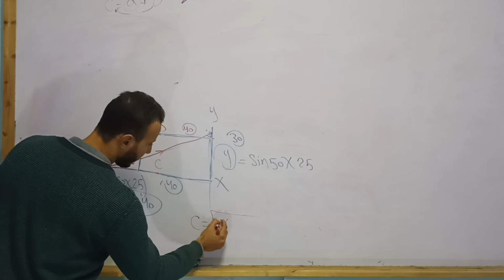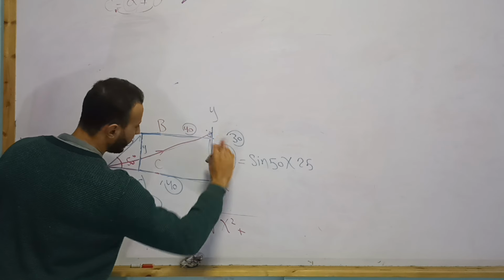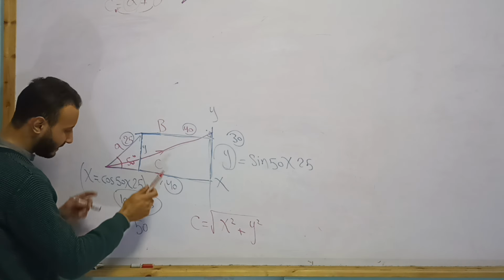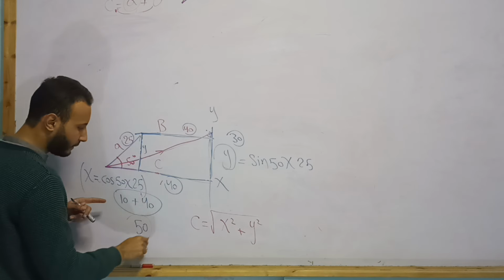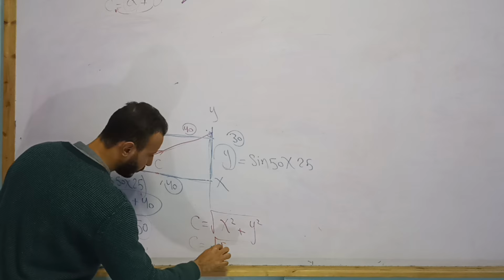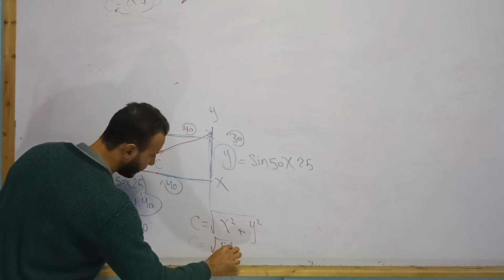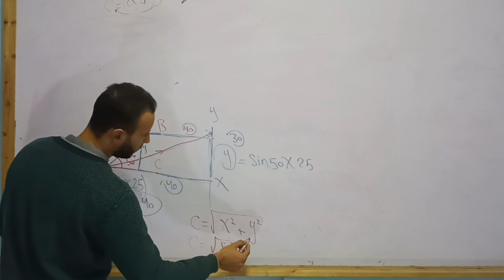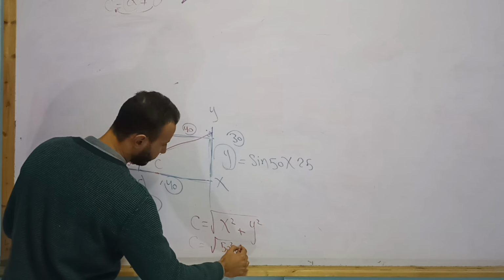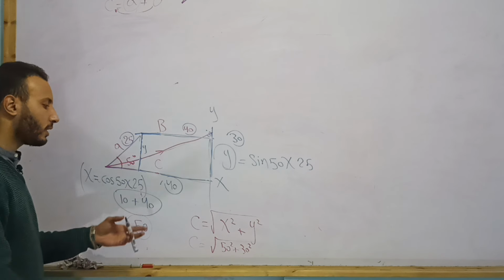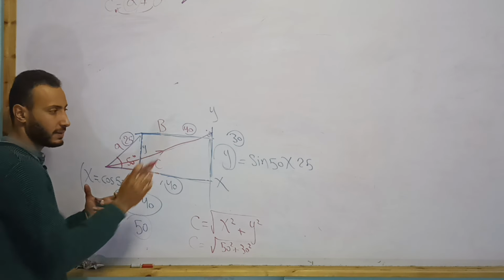So x squared plus y squared, and we get the total x equal to 50. So c is equal to root of 50 squared plus y squared, this part, equal to 30 squared. And by doing this on your calculator, you can get c.